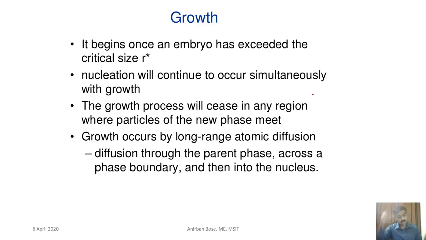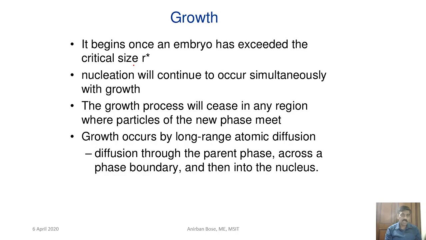Now the second part of the process is the growth, and growth is what, after formation of the critical radius, if more and more atoms join into that, and the radius of the nucleus gradually grows and ultimately solidifies the whole thing. So growth is basically depending upon how the atoms are moving from one place to another place, and that is very important.